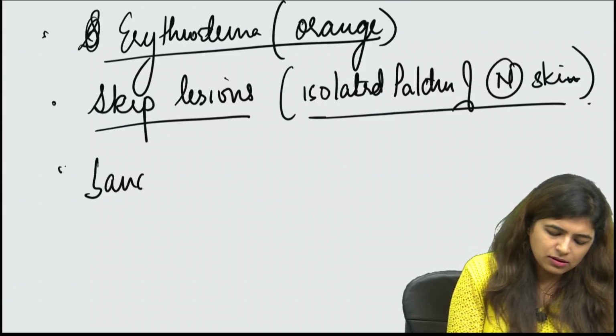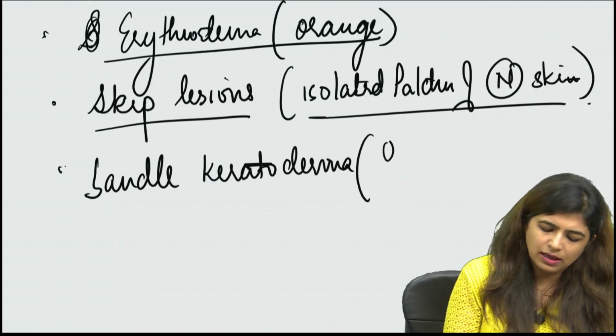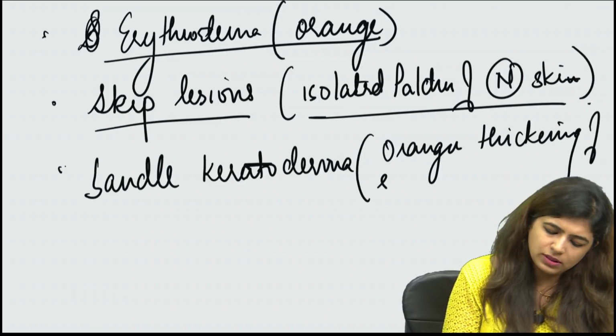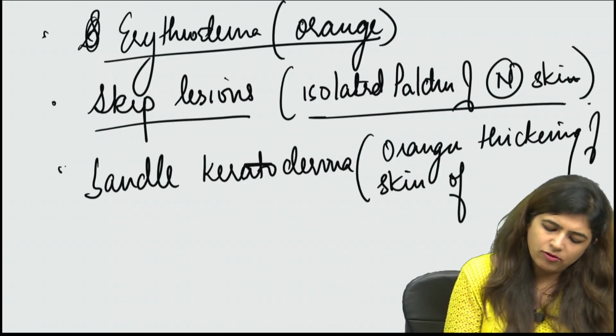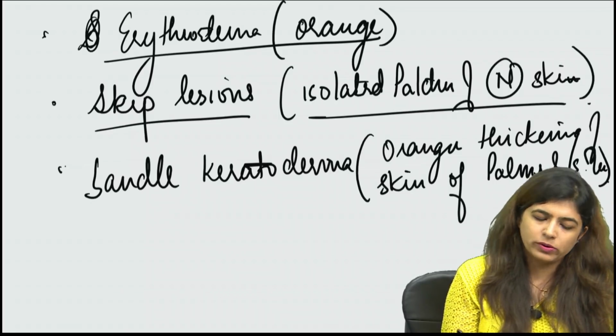Thirdly, there is a sandal keratoderma, meaning there is an orangish thickening of the skin of palms and soles.